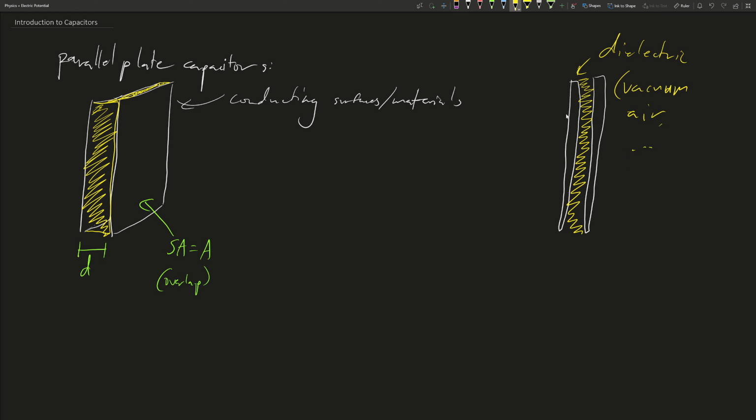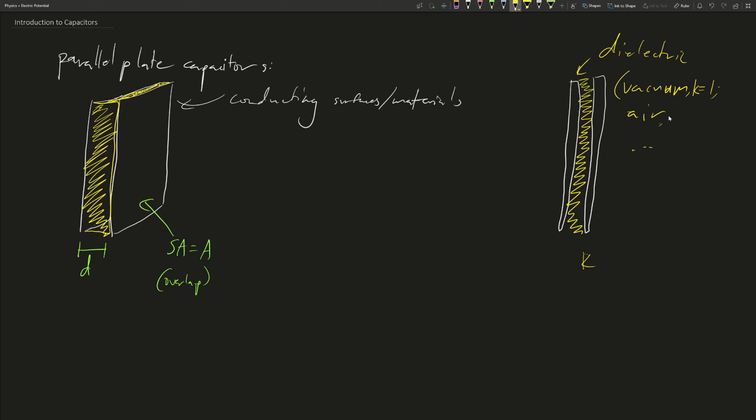Now this dielectric will have a property K, the dielectric constant, which will come in handy when we're calculating capacitance. For a vacuum, K is equal to 1.